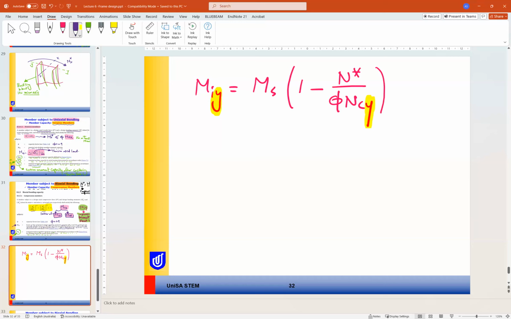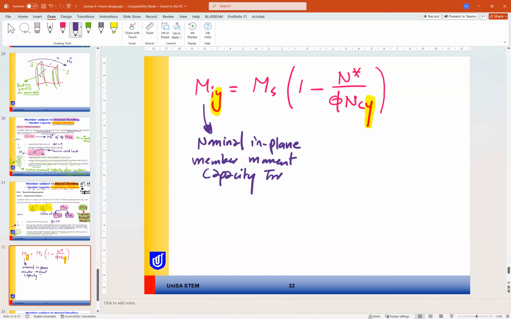Okay, so MIY is the nominal in plane member moment capacity for bending about y-axis. NCY is what?